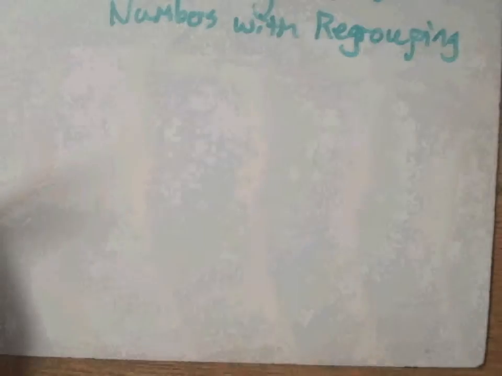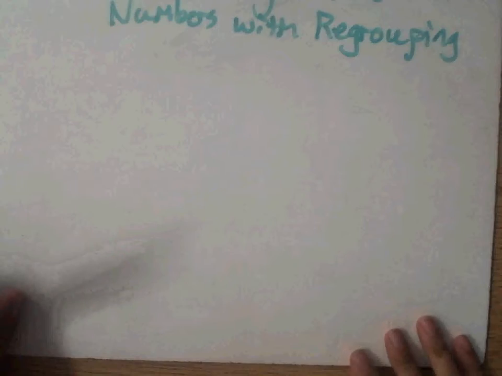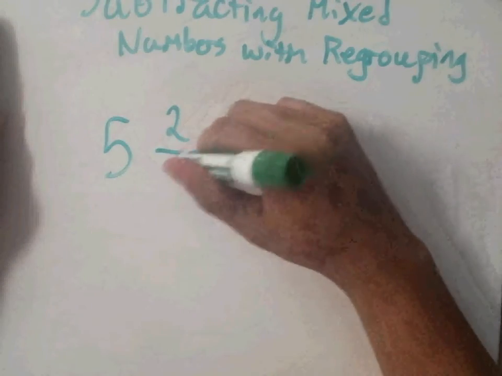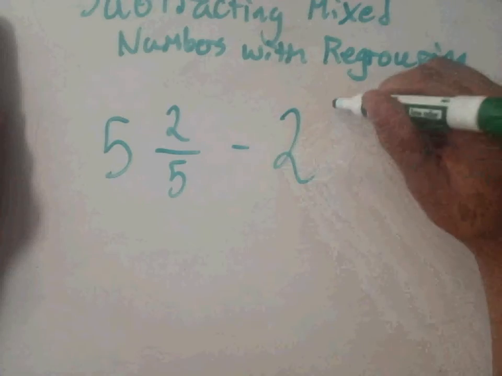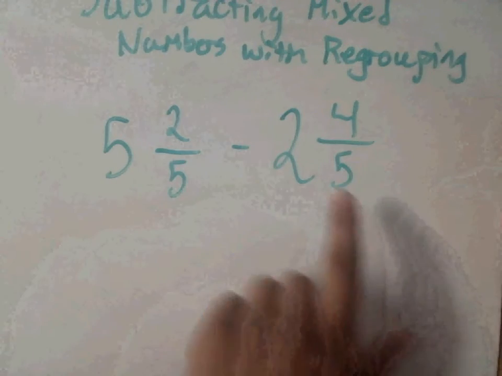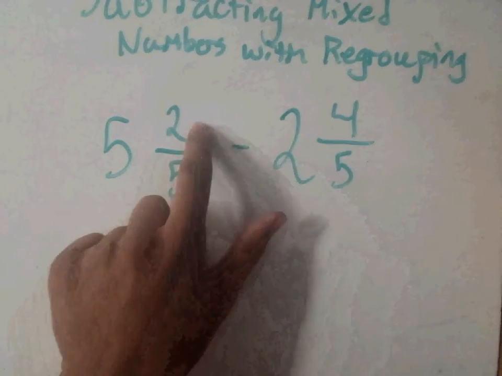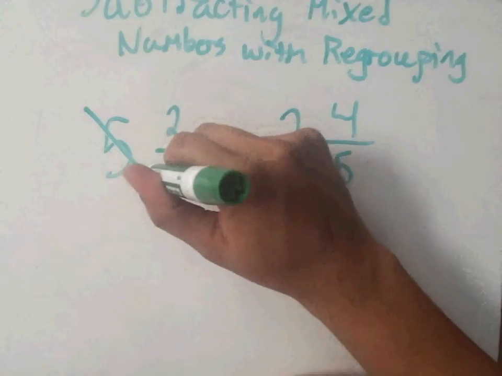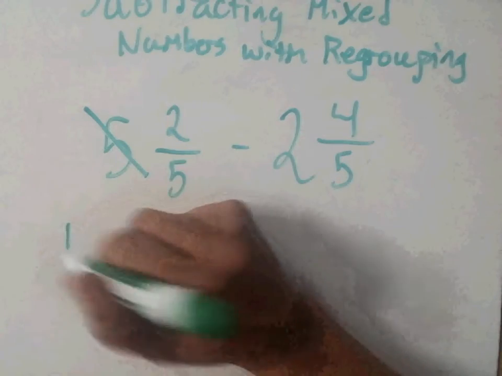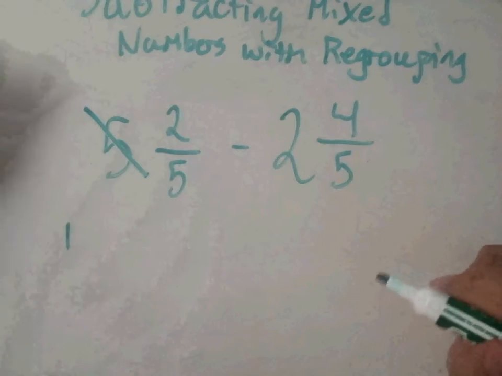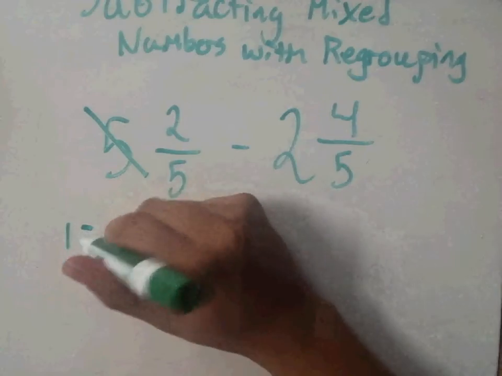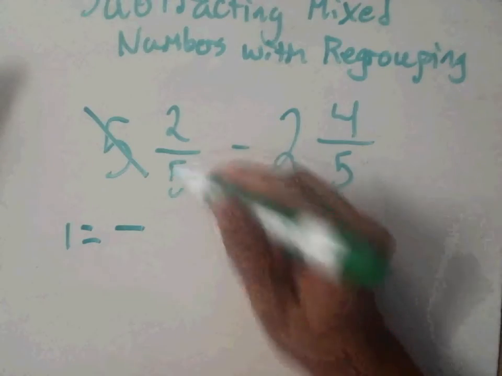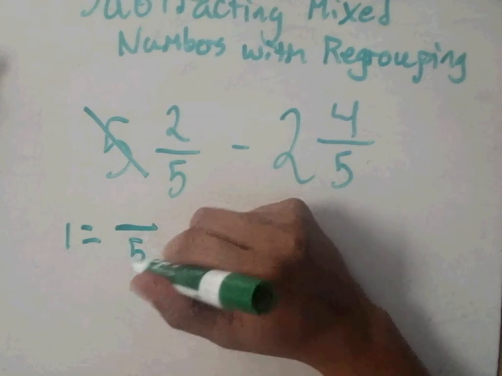Let's take a look at another one, because this can be kind of difficult. We've got 5 and 2/5 minus 2 and 4/5. Again, we see the issue that this numerator is larger than this one, which means we cannot subtract these two. I need to borrow a whole from my whole number, and that whole needs to equal a fraction that has a 5 in the denominator, because we need to add these together.